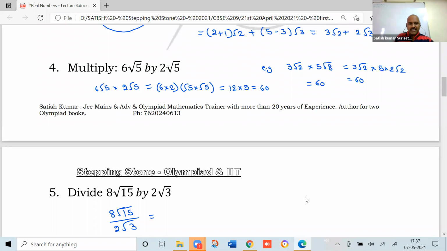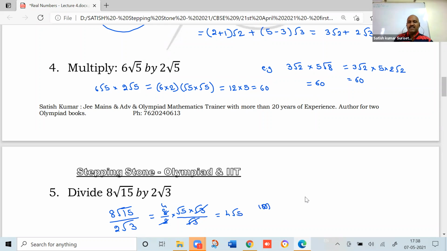Now here root 15 and root 3, they are not like surds, but you can simplify root 15 into another form and then you can divide. So 8 upon 2 into root 15 upon root 3. Root 15 you can write as root 5 into root 3, can you write? Upon root 3. So root 3 can get cancelled and 2 4.